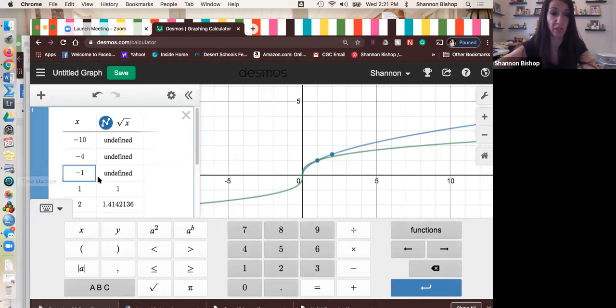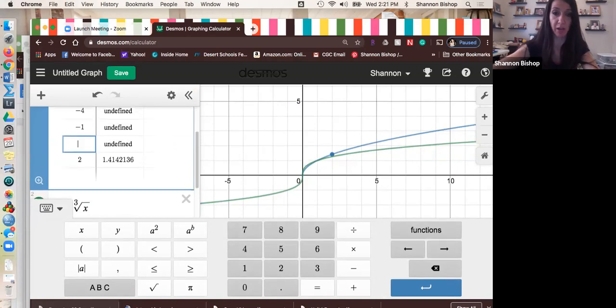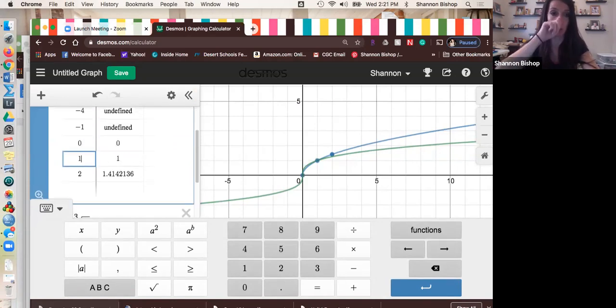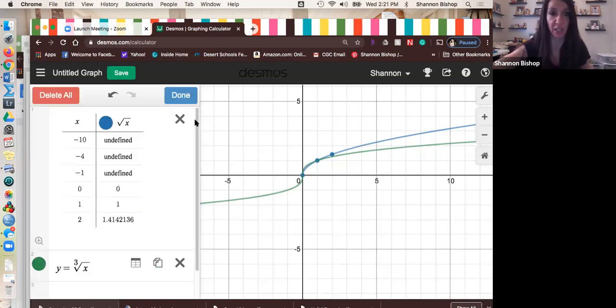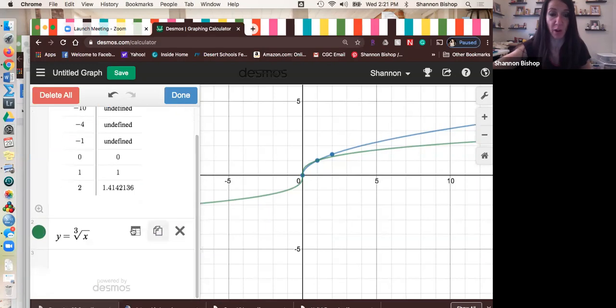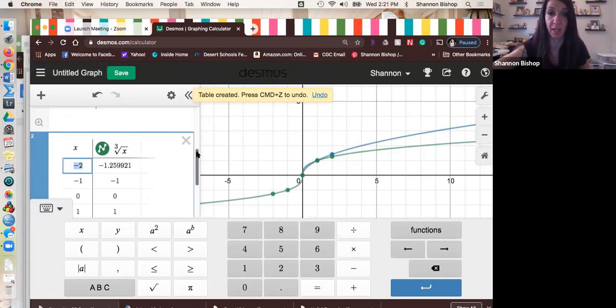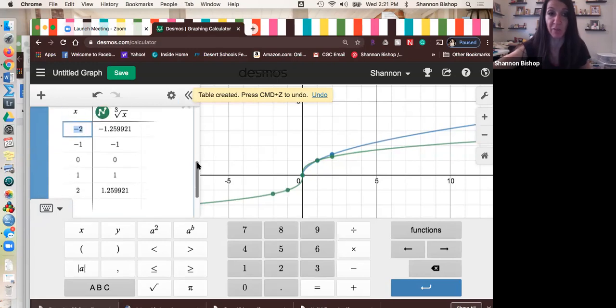So you can fill in the values that you need based on whatever the table asks you for. And then if you want to do the same thing for the other formula, you'll just hit the little wrench again and scroll down to where the other function is and hit table once again, and it populates a table for you, and you can then type in the numbers that you need.